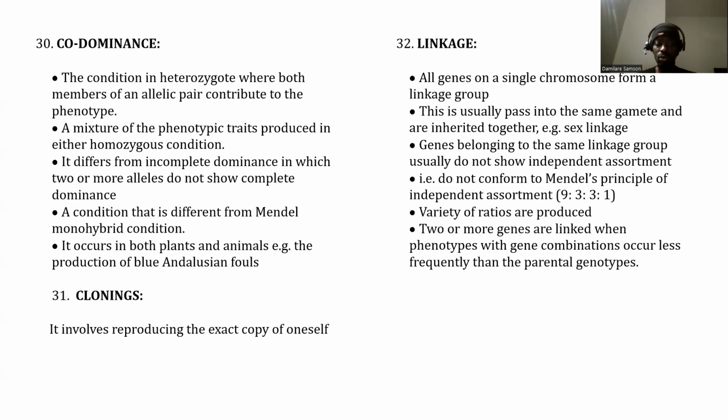And the last point, it occurs in both plants and animals, e.g. the production of the blue Andalusian fowl. You can go and read about the blue Andalusian fowl to have more understanding about codominance. You can check it online and get more information once you have enough time. But just make sure we have five points here, and go through them.